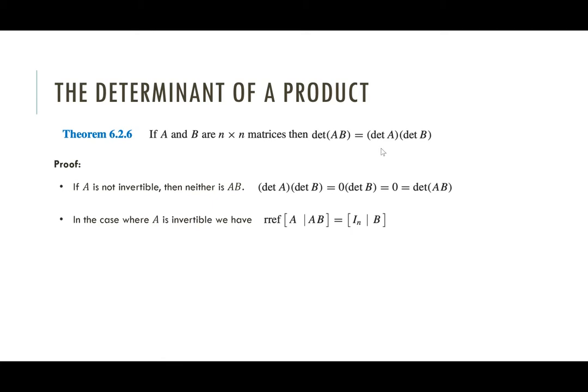Well, in this case, we have this handy theorem that says that the reduced row echelon form of the matrix where you take A and then augment it by the matrix AB is equal to the identity matrix augmented by B. So it's sort of like if you are doing reduced row echelon form, you're transforming both the A on the left and the right into the identity.